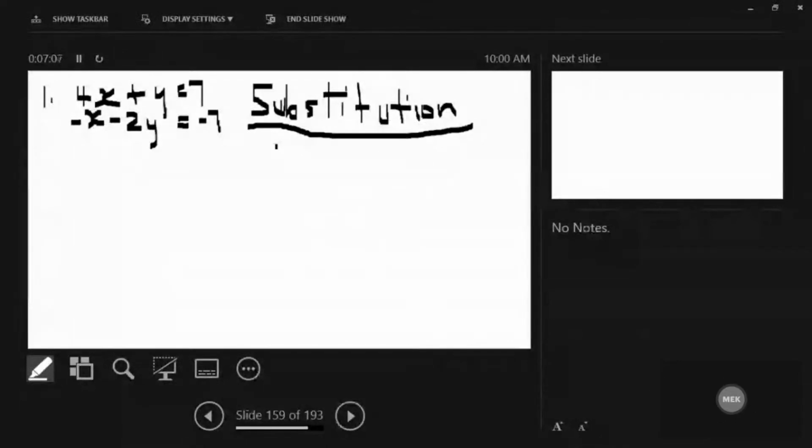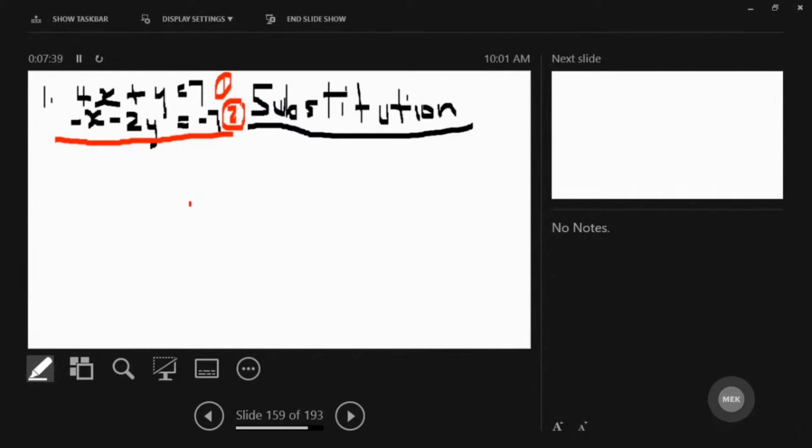So let's show what I just explained. Seeing is believing, doing is understanding. So let's go. Normally when I get my simultaneous equations, I like to number them. I also like to underline the original set so that I know what I was given. So that's equation 1, that's equation 2.